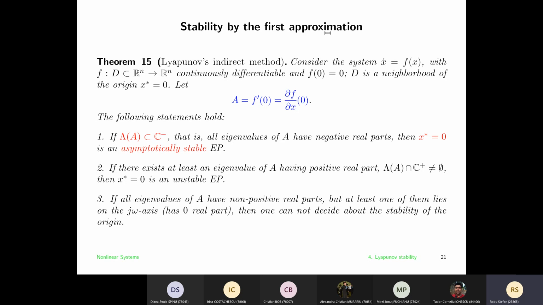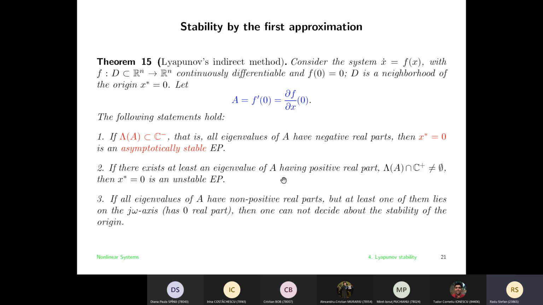And the candidate employed to prove that is, of course, the quadratic form which we use for linear systems. Point 2. If at least one eigenvalue of A is non-stable, it has positive real part, then the origin is an unstable equilibrium point.